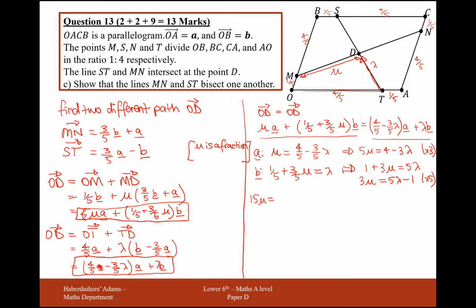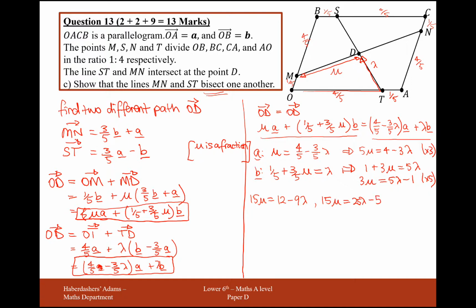So with the first equation, I'm going to get 15 mu equals, so what I'm trying to do is I'm trying to solve two simultaneous equations to work out what lambda and mu are. And if lambda and mu both come out to be a half, then that's perfect, because then that bisects the line of S to T and M to N. So 15 mu equals 12 minus 9 lambda. And the second equation is 15 mu equals 25 lambda minus 5.